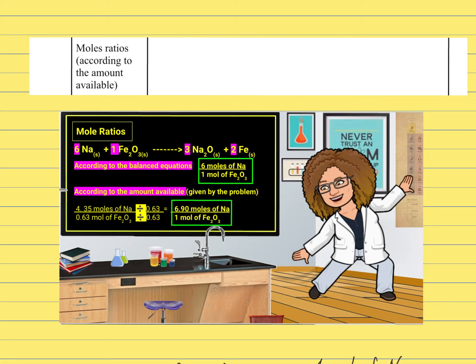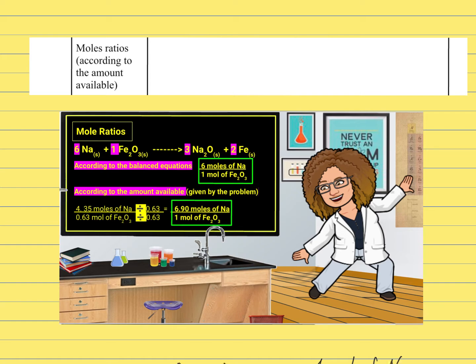Once you have the mole ratio between the reactants given by the balanced chemical equation, you need to find the real mole ratio, the one that you have with the data or information in your problem.